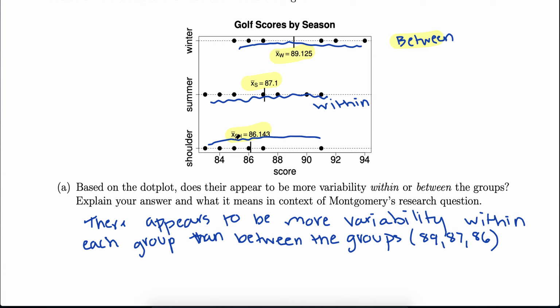It looks like his scores vary a lot more within the groups than the averages themselves. And in the context of his research question, that means maybe the averages among the different seasons aren't really any different. Maybe we can't conclude that his research claim is true, that in fact he does better when the course is less crowded.